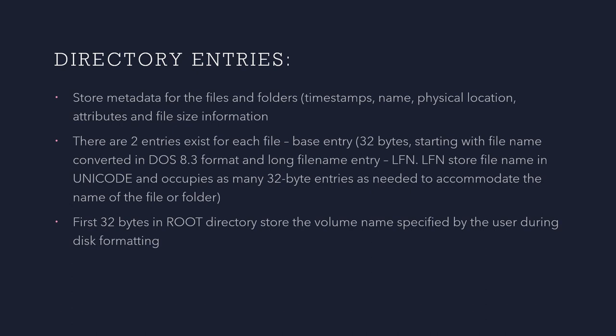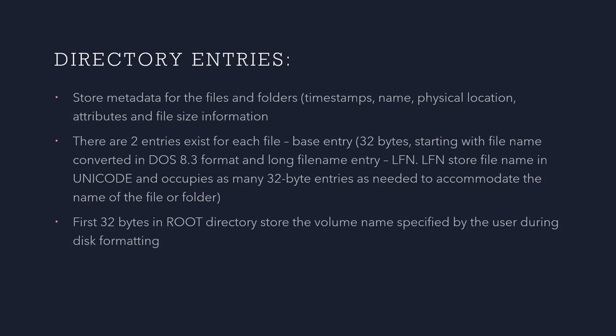Also, for each file, there will be at least 32 bytes used to store a long file name entry, abbreviated as LFN. LFN stores the file name in Unicode and occupies at least 32 bytes, but depending on the file name length, it can occupy more than one entry.